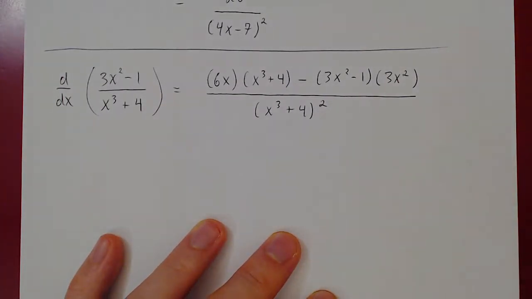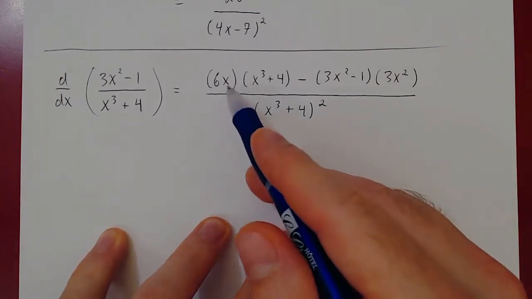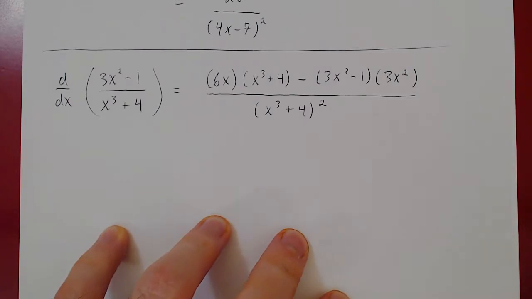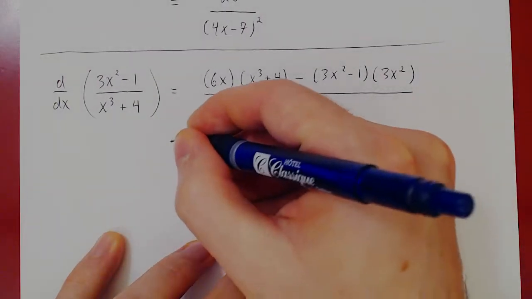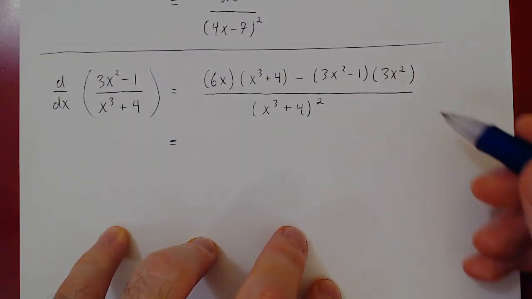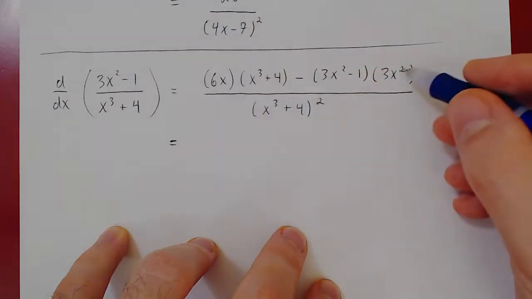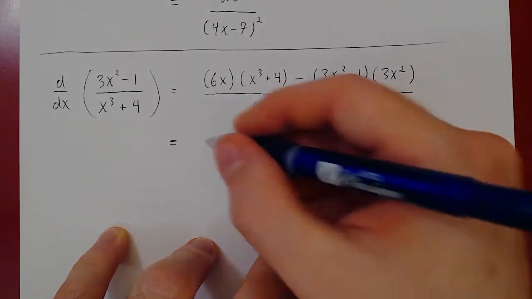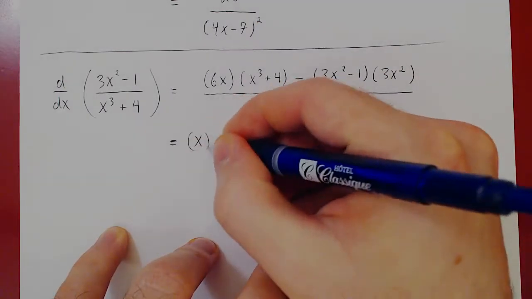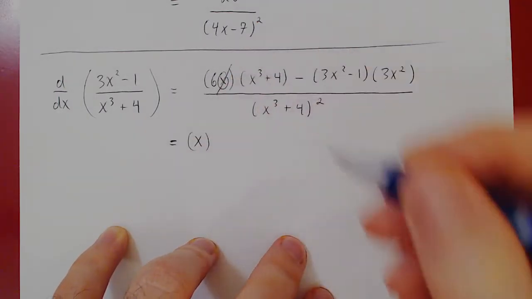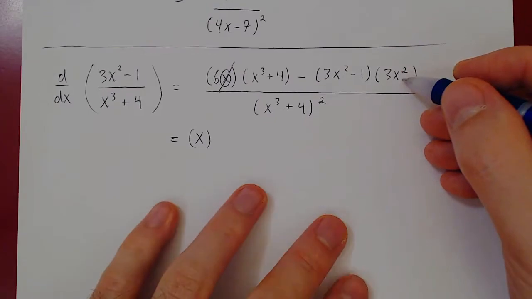The rest is just trying to simplify the expression as much as we can. Before multiplying things out, let's look for common factors. Well, there's a factor here of x, and a factor here of x. We can pull 1 out. So we factor this x out. We have 2 x's here, x squared.